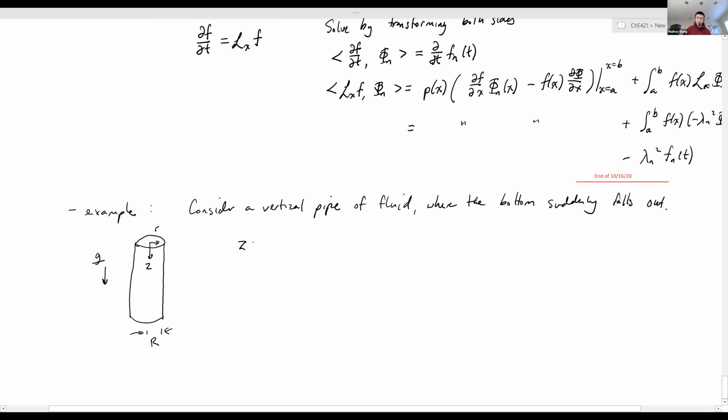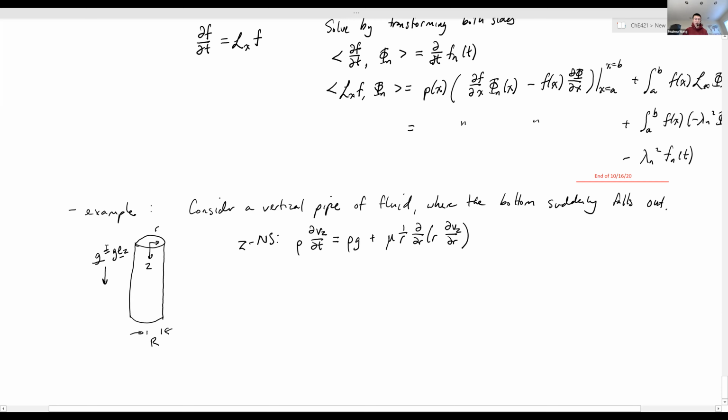If we do that, let's just go ahead and zoom directly to the z component of the Navier-Stokes equation. You get something that looks like this. Where g here is positive because this g is in the plus z direction, right?